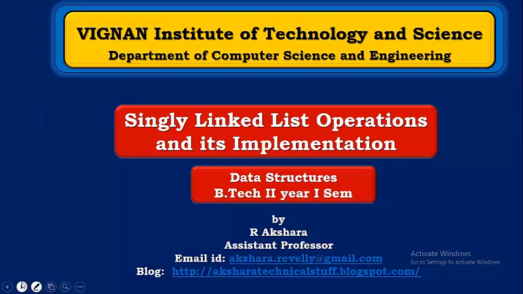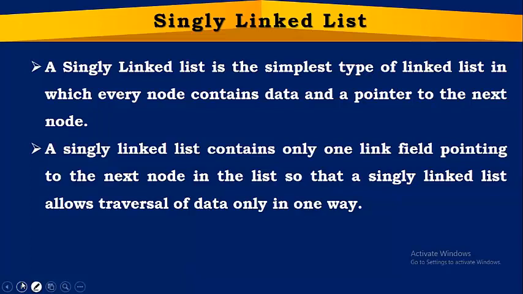So what do you mean by a singly linked list? Singly linked list is the simplest type of linked list in which every node contains data and a pointer to the next node. Each node contains two parts, data field and link field. Data field contains data. Link field contains a pointer to the next node. So a singly linked list contains only one link.